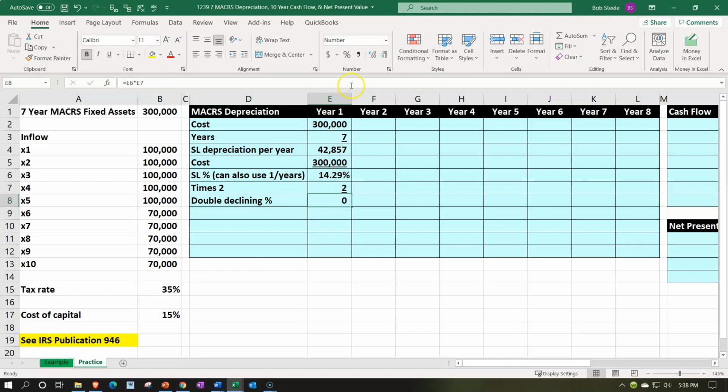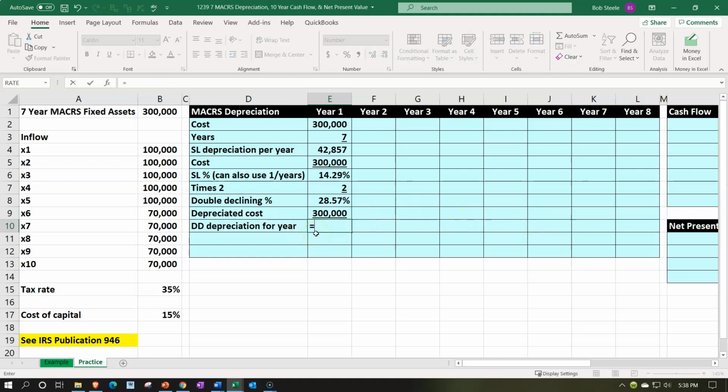And we're going to percentify that, add a couple decimals. Then we'll take that times the cost, which once again was the 300,000. Underline that, font group underline. And then that's going to give us the depreciation, the double D per year, which would be the 28 something percent times the 300,000, which would be the 85,714 about.